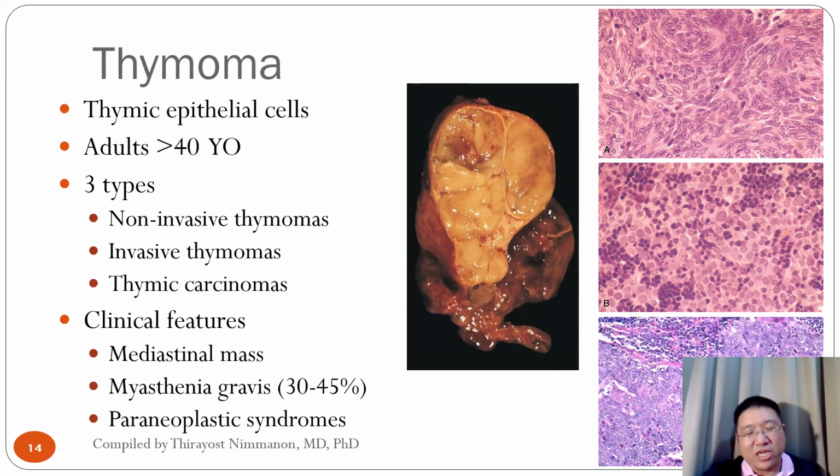There is store depletion, so activation will release no acetylcholine because none is left. After repeated stimulation, the patients will develop profound weakness. And other paraneoplastic syndromes are also possible.